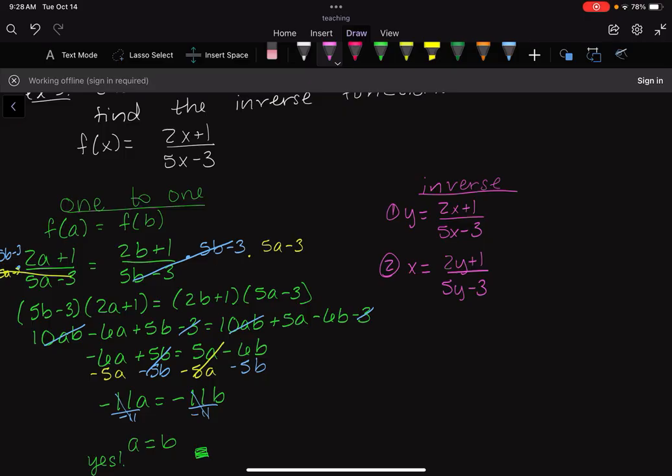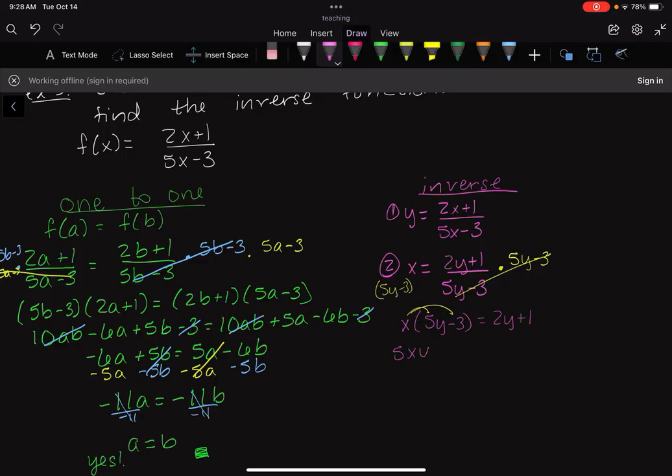Now I've got to try to solve for y. This denominator is kind of annoying, so let's go ahead and multiply by it.